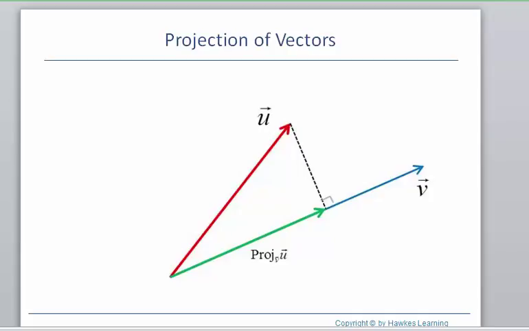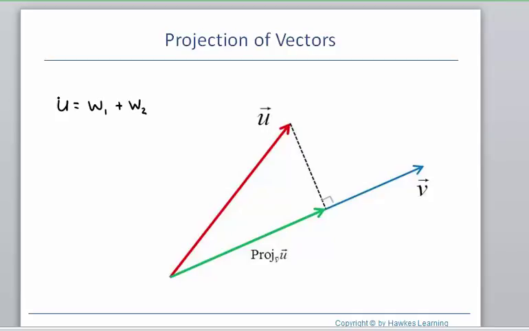So what we want to be able to do, as you look at this picture, is take vector u and break it down into two other vectors added together. So let's say vector w sub 1 and vector w sub 2.